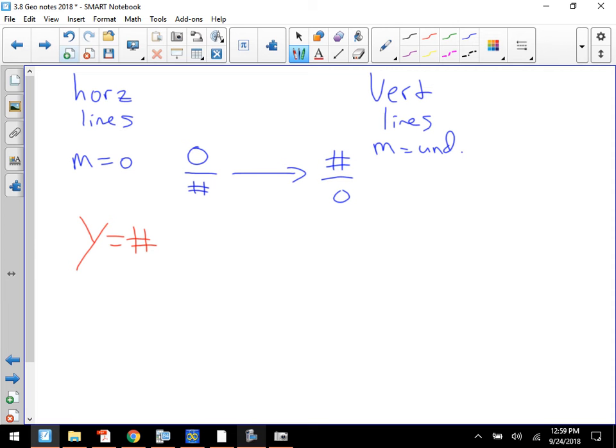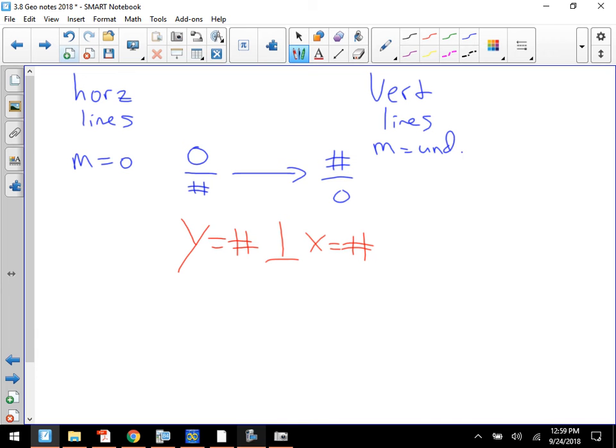Therefore, every single vertical line starts out with the same kind of equation as well: x equals a number. That tells me these two are perpendicular to each other. Y equals 3 is perpendicular to x equals 6. Those two equations are always perpendicular to one another.